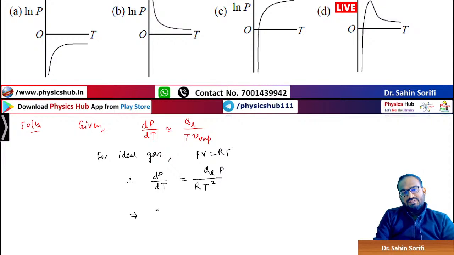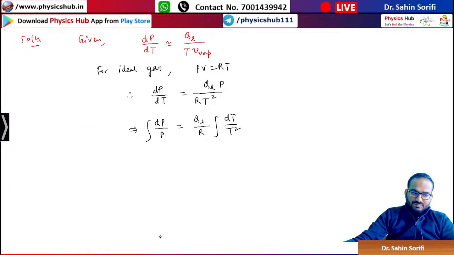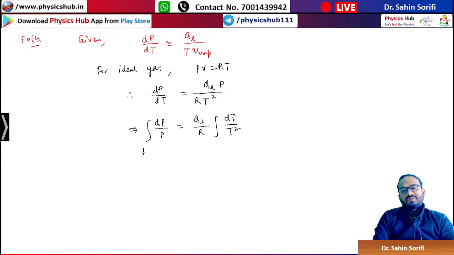And once again the same calculation: dP by P equals QL by R integration dT by T square. Why not integrate on this side? So let's say the initial pressure is P naught, final pressure is P, initial temperature is T naught, final temperature is T. The left hand side will give you ln P upon P naught.